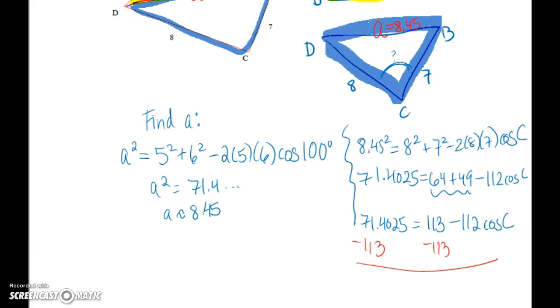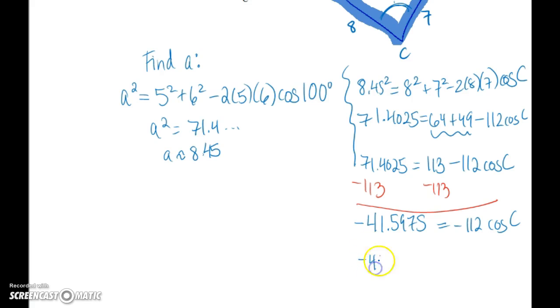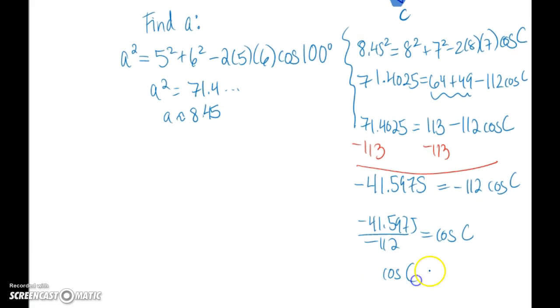And when we do that, 71.4025 minus 113, we get negative 41.5975 equals negative 112 cosine C. Now divide both sides by negative 112 and we get cosine C is approximately 0.37.